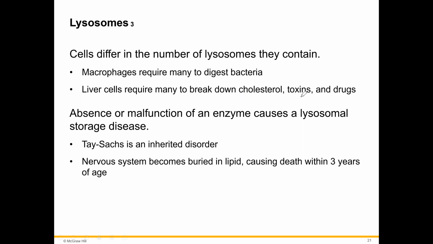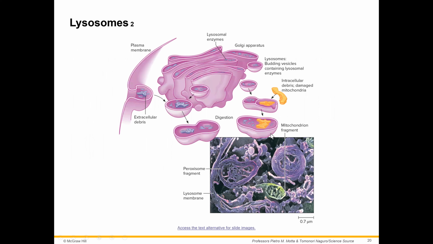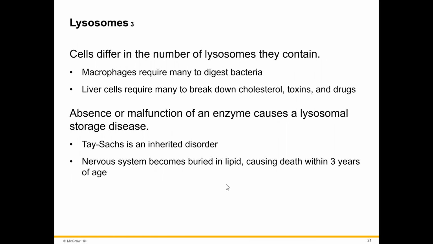Absence or malfunction of an enzyme causes a lysosomal storage disease. So remember we said we have, okay, let me go back. We have 43 types of digestive enzymes inside lysosomes. Now, if some of these enzymes are not functioning, we call it lysosomal storage disease.